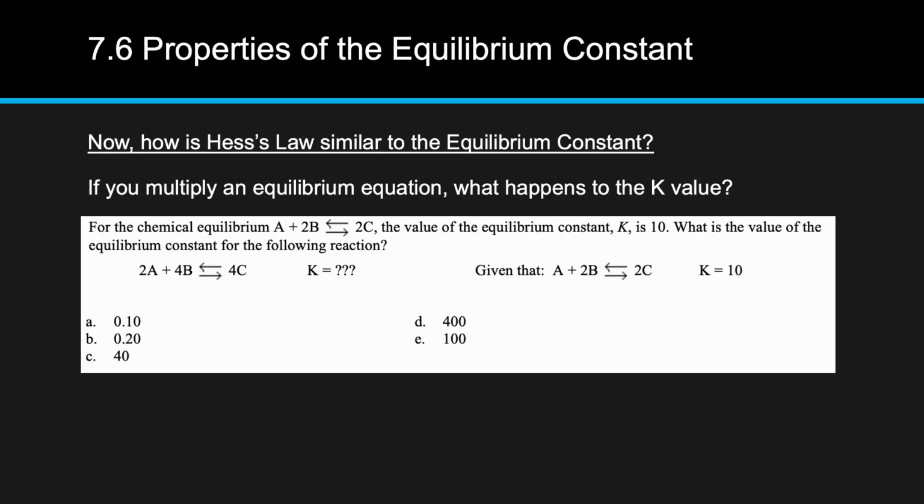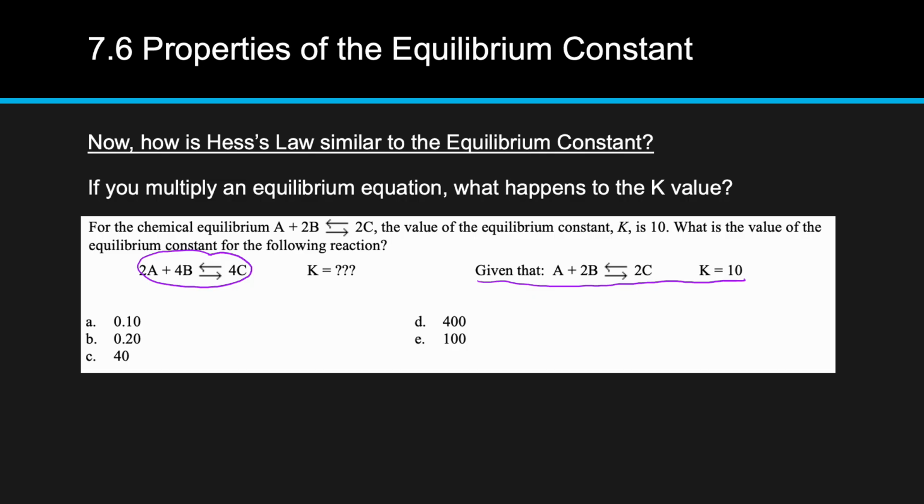All right, so for this question, we're given the same starting equation with the same K value, but we are given a new equilibrium that we are trying to solve for. So we can see that A and B are reactants for both and C is a product for both, so we don't have to flip or reverse the reaction.